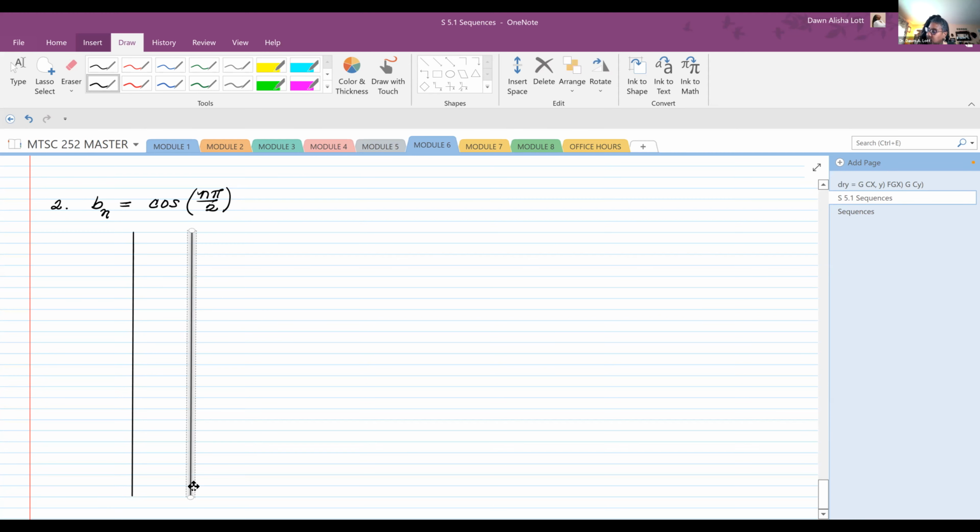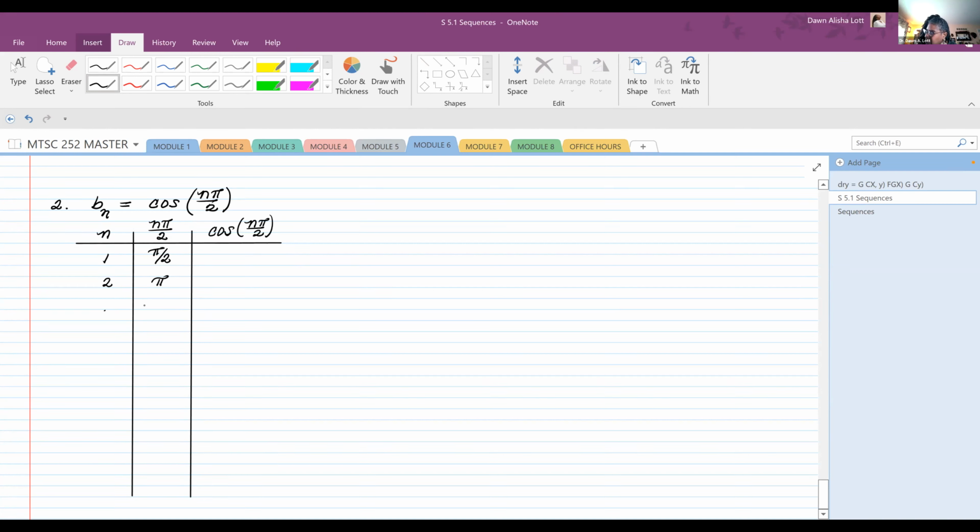Let n be 1, and so on. Here's n, then this is going to be n pi over 2, and this is going to be the cosine of n pi over 2. When n is 1, we just get pi over 2. When n is 2, this just becomes pi.